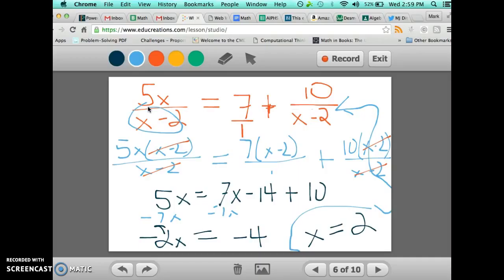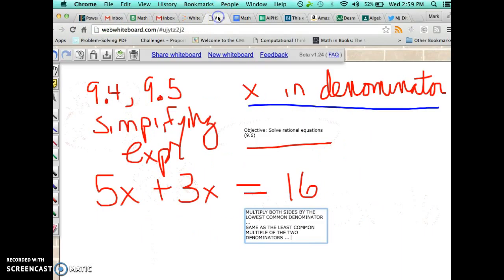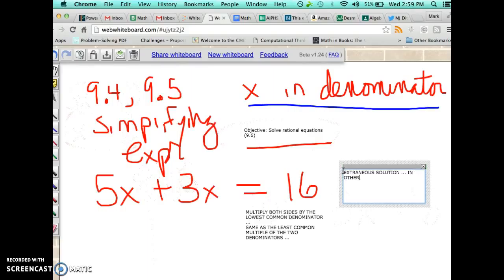So that's called an extraneous solution. I'll write that down so you know how it's spelled. Extraneous solution. In other words, a false solution.